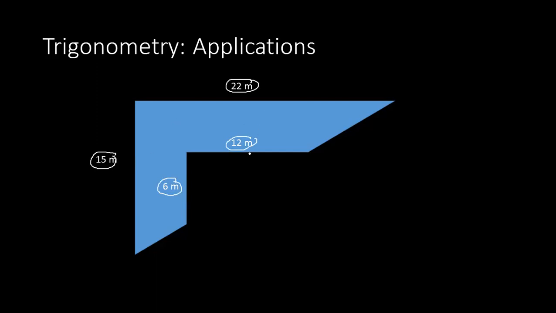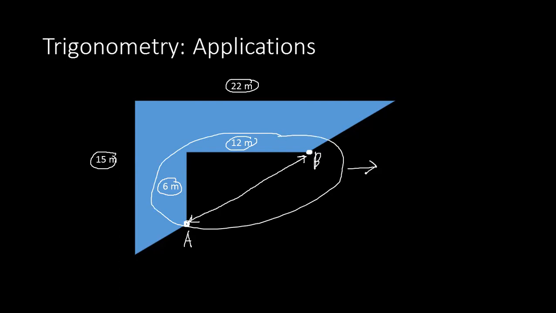You want to know how far this point and this point are from each other. Assume this is point A and this is point B. If you cut this segment, it would look like this, another triangle.